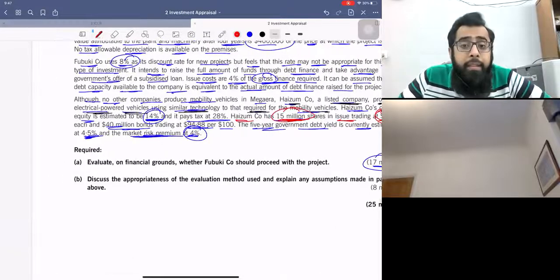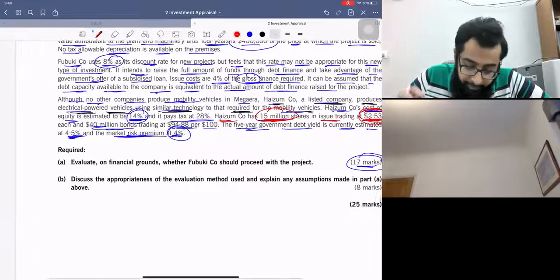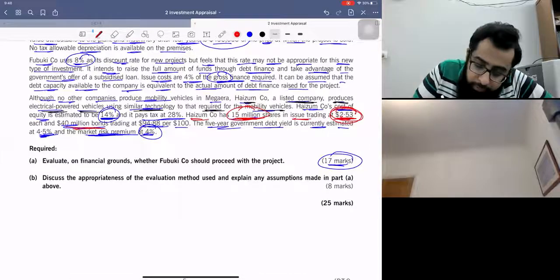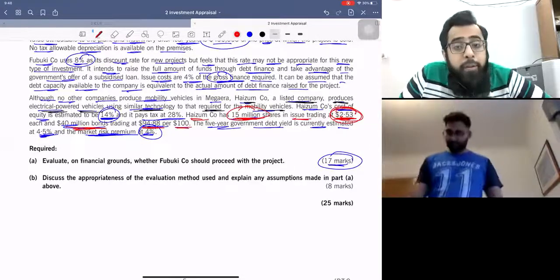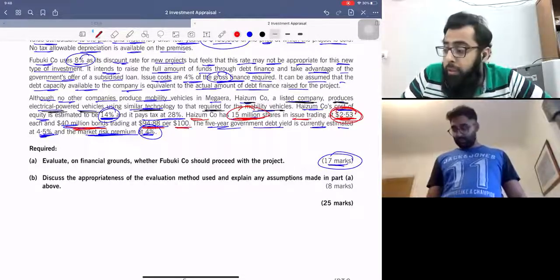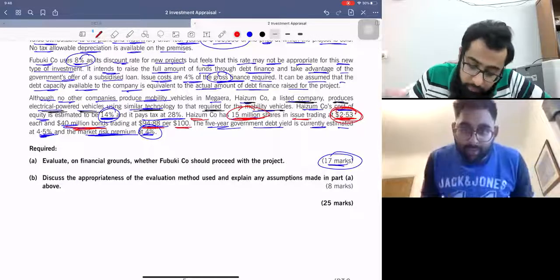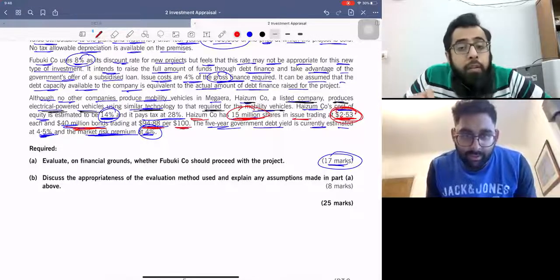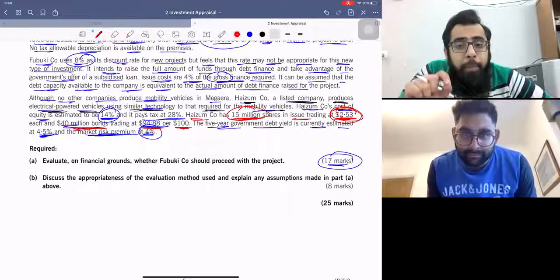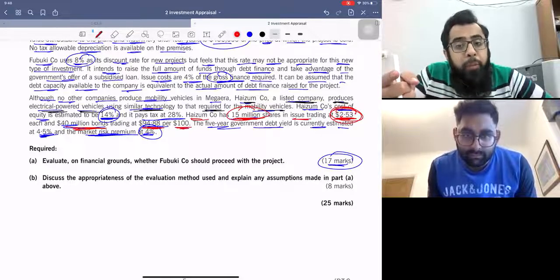And what is the debt? 40 million bonds trading at 94.88 per $100. So what you need to do is divide it by $100 and multiply it by 94.88.